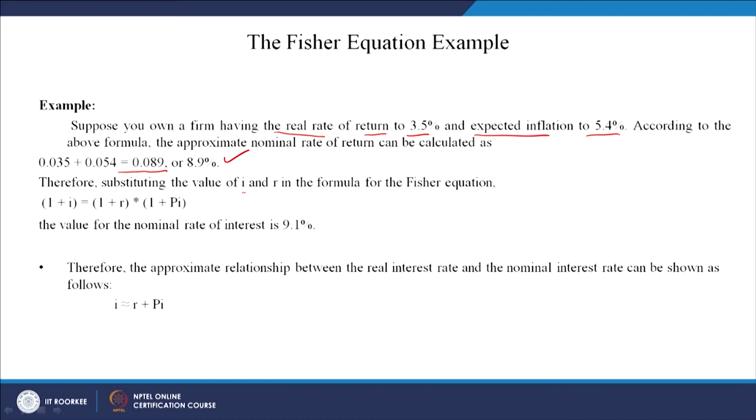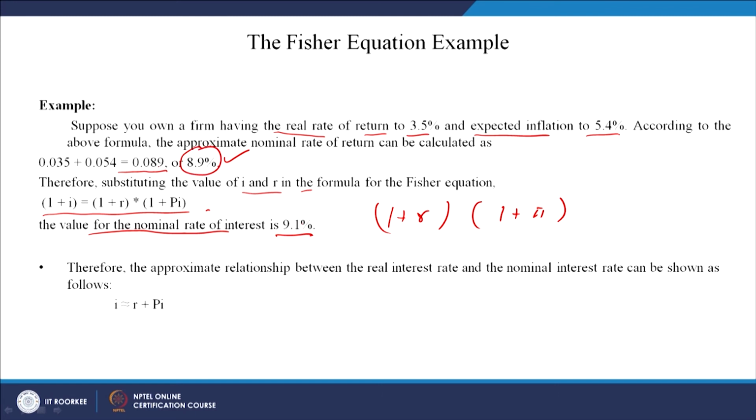Substituting the values of I and R in the formula, now you will see what is happening. So, (1 plus R) into (1 plus pi). If you multiply these two, that would give you the nominal interest rate as 9.1 and not 8.9.